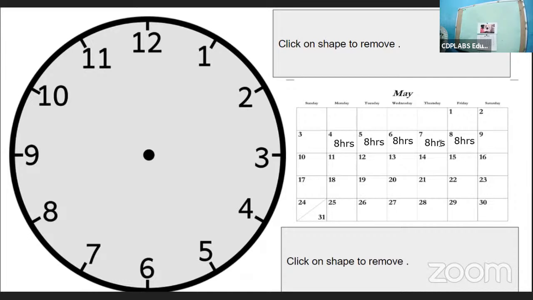So what is that additional hours that she has actually worked? Overtime, yes, and how much is it? How much is the overtime hours she worked? 12 hours.